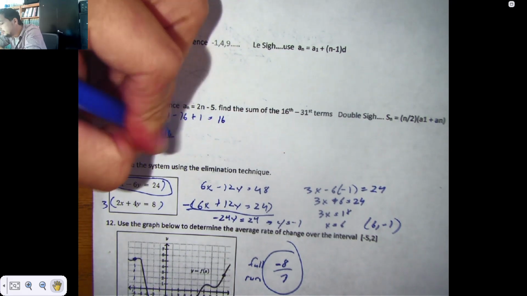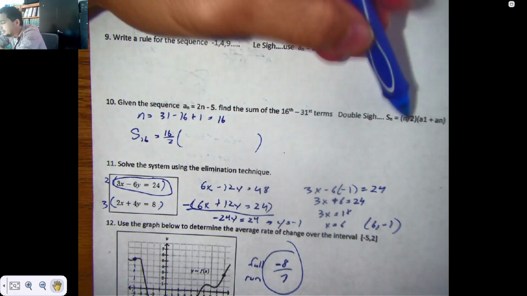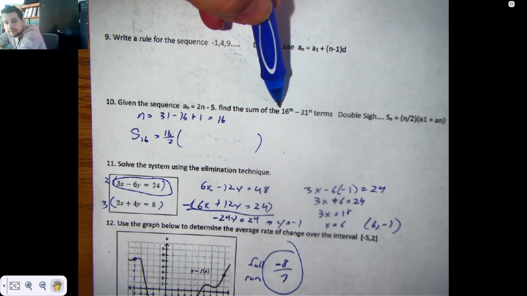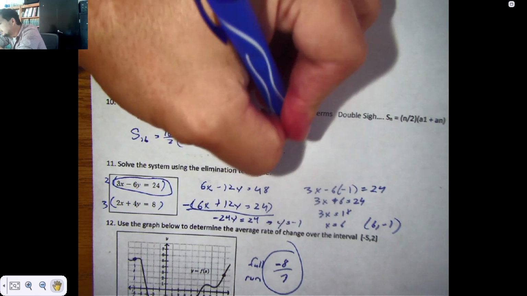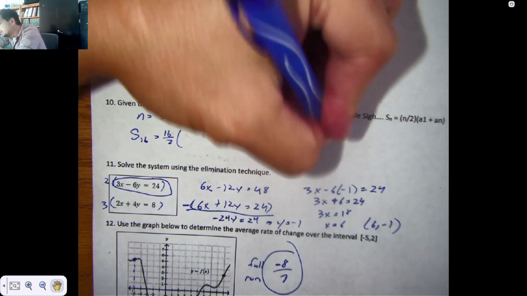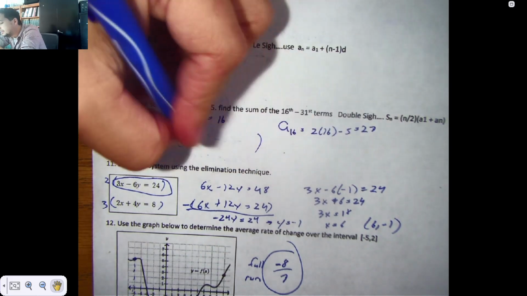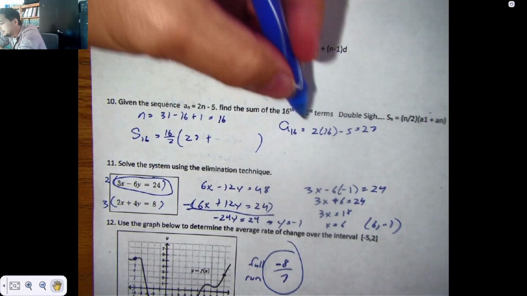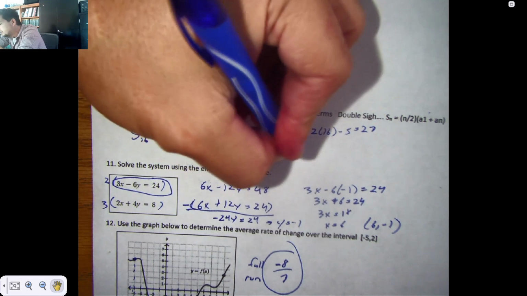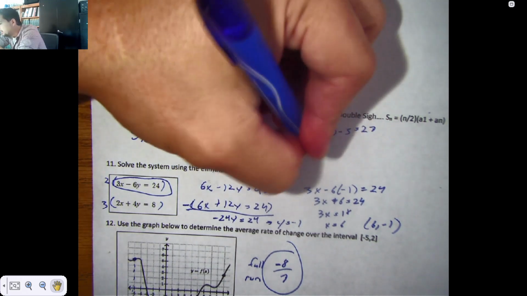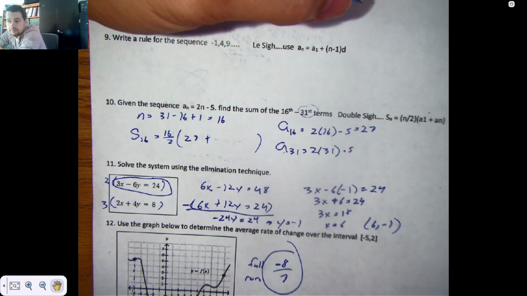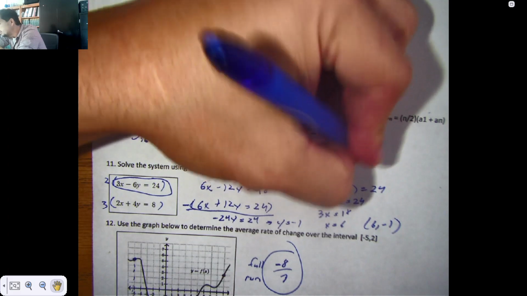It's going to be 16 over 2 times the first term that I care about, which is found by plugging in a 16. So a sub 16 is twice 16 minus 5. That should be 27. Plus, because there's a plus, the last term you care about is the 31st. So twice 31 is 62, take away 5, which is 57.